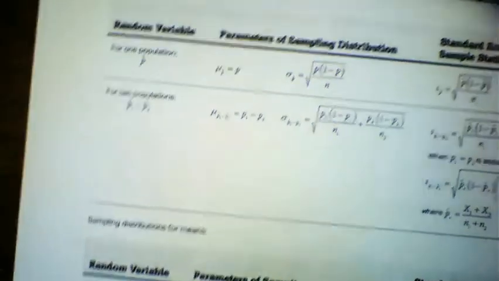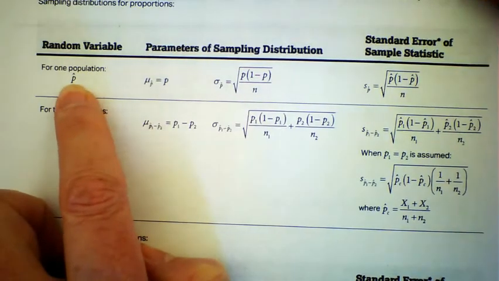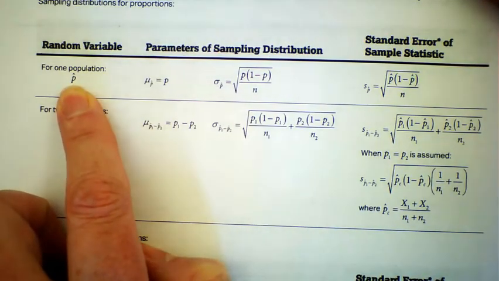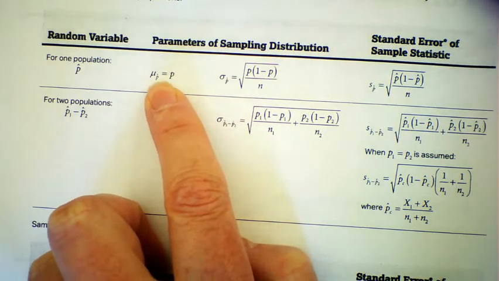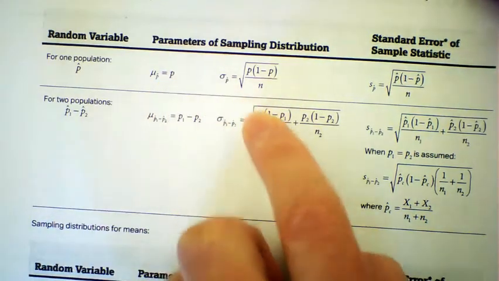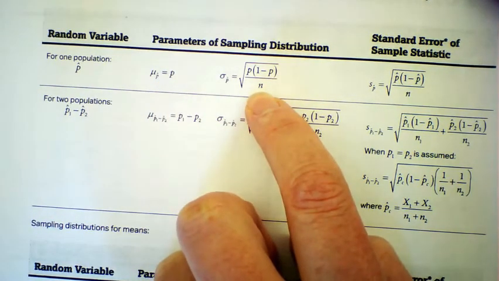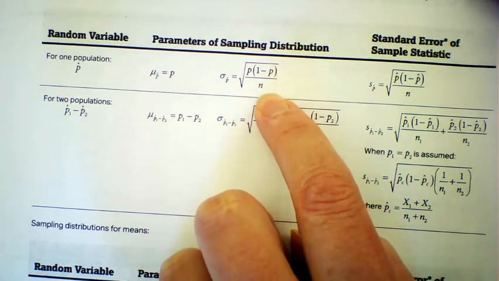On the next page, if we're looking for a p hat, it's our best estimate of the population value p, and the standard deviation is the square root of p times q over n.